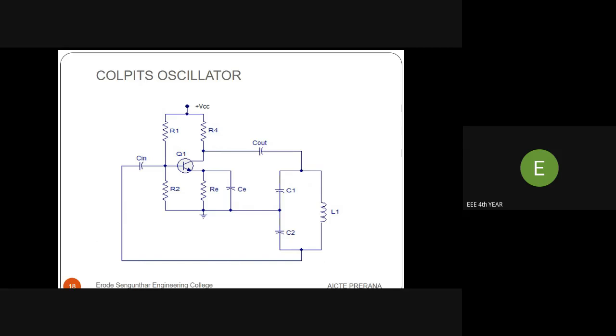Now let us see the analysis of the Colpitts oscillator. First, we see the frequency of oscillation. In the Colpitts oscillator, Z1 and Z2 are capacitive reactances, whereas in the Hartley oscillator, Z1 and Z2 are inductive reactances. Here, Z1 and Z2 are capacitive reactances and Z3 is an inductive reactance.